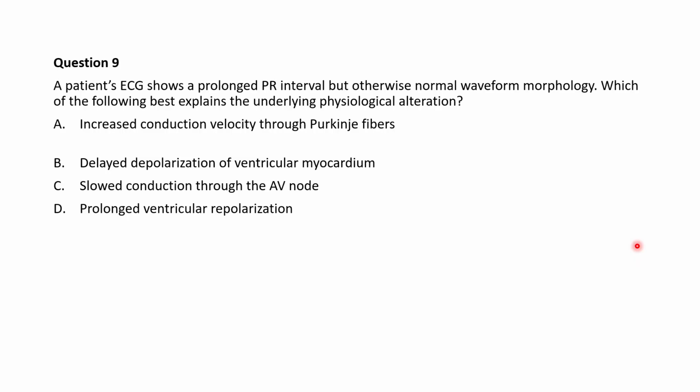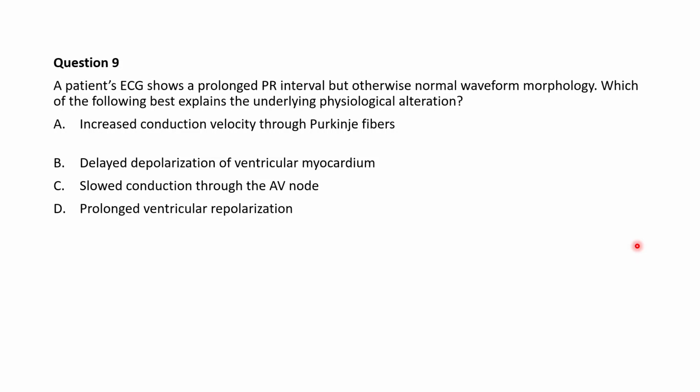This includes the delay at the AV node, which is necessary for making sure that the atria and the ventricles don't contract at the same time. So if there is a prolonged PR interval, what does that mean? It means that the necessary conduction from the SA node to the AV node to initiate ventricular depolarization has become slow.